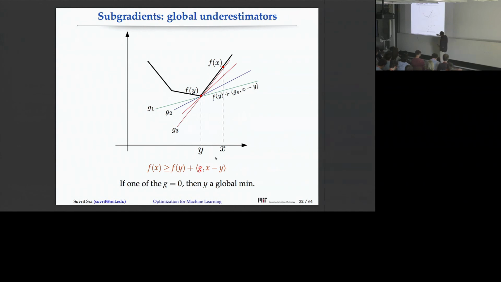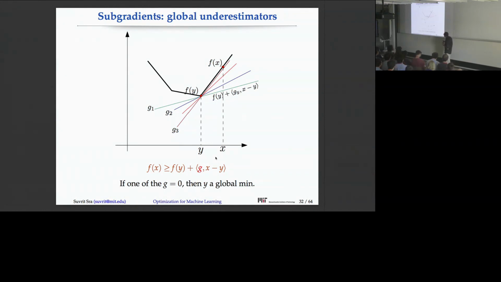So you no longer have a unique, tightest linear function as you had here, but you have many of those. And the vector that defines each such hyperplane can be called a gradient-like object, and that's why we call it subgradient.